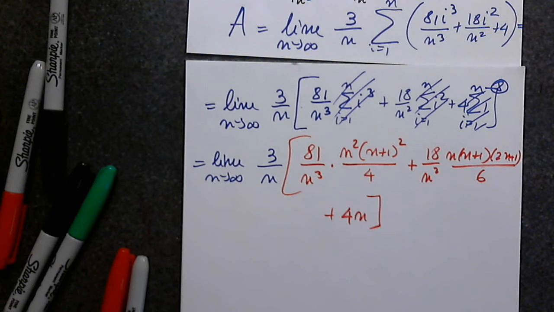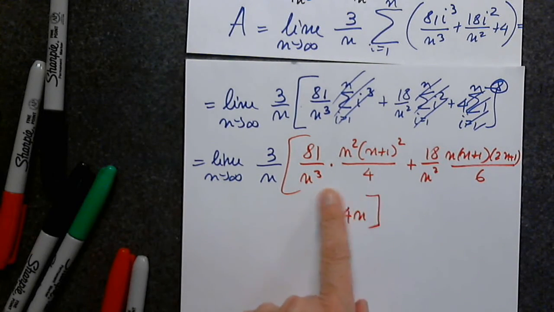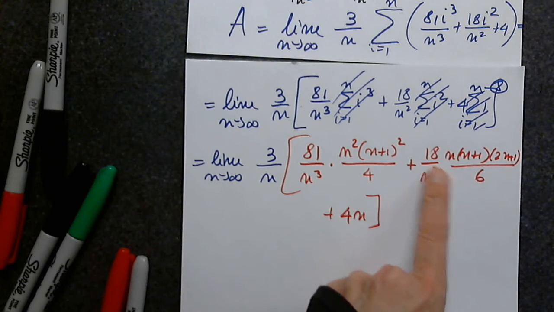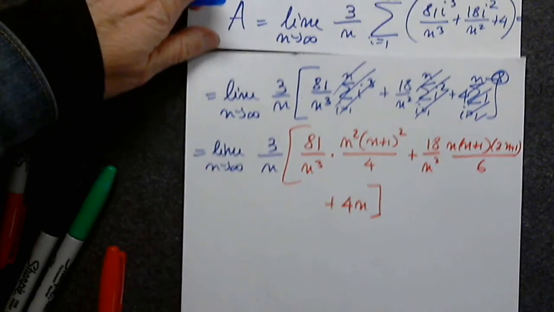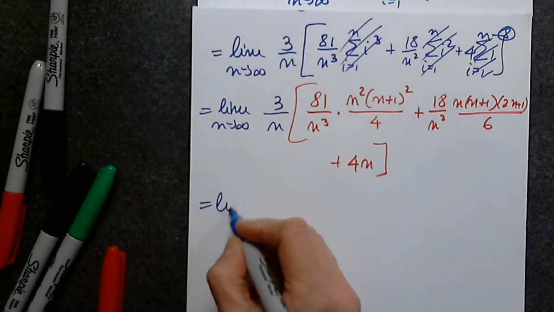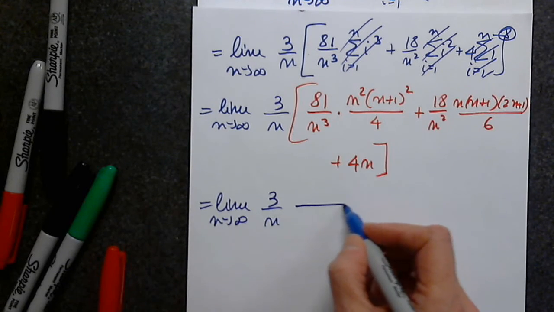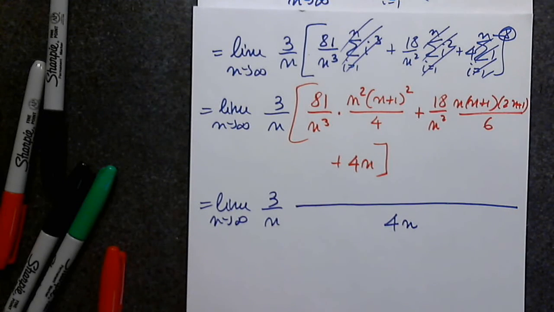Okay, there's nothing I can do to the 4. So 4n has to stay as the denominator. Here I can simplify, but I will have to multiply by 4, which is okay. So limit as n approaches infinity 3 over n, 4n. I will simplify.